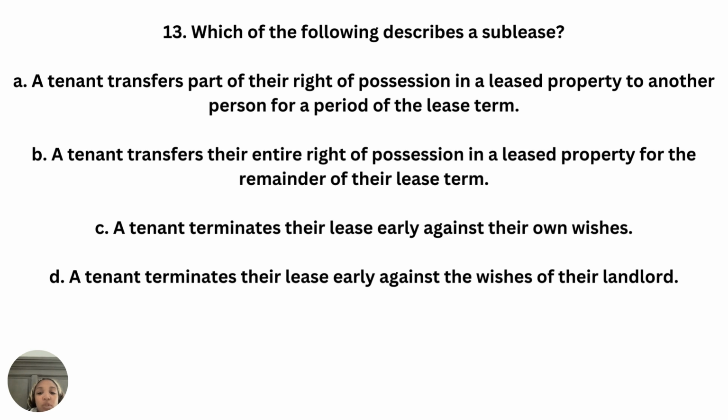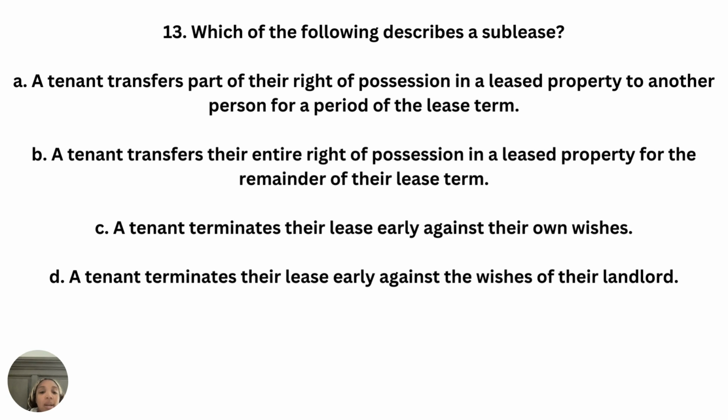Which of the following describes a sublease? A, a tenant transfers part of their right of possession in the leased property to another person for a period of the lease term. B, a tenant transfers their entire right of possession in a leased property for the remainder of the lease term. C, a tenant terminates their lease early against their own wishes.